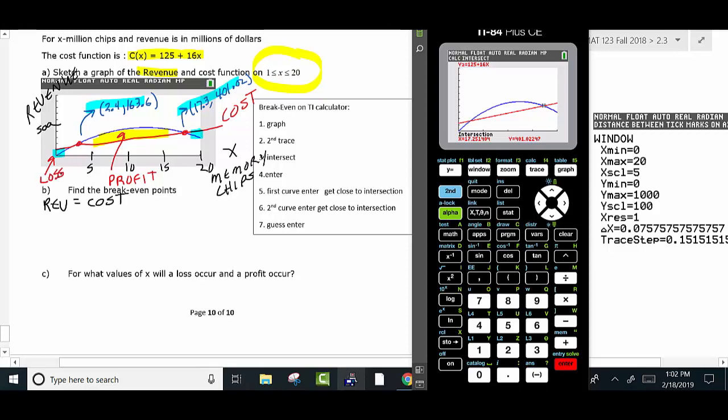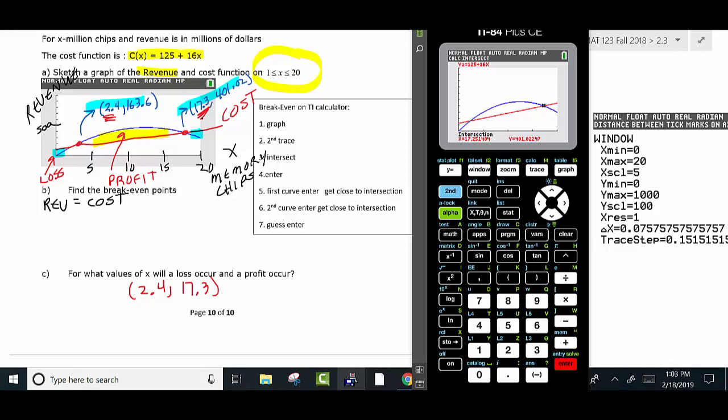So those are losses like that. Profit is going to occur in between these values. Profit will occur between 2.4 and 17.3. That's just the X values of the break-even points. So in between production of 2.4 and 17.3, that's where you're making money. Everywhere else you're losing money.